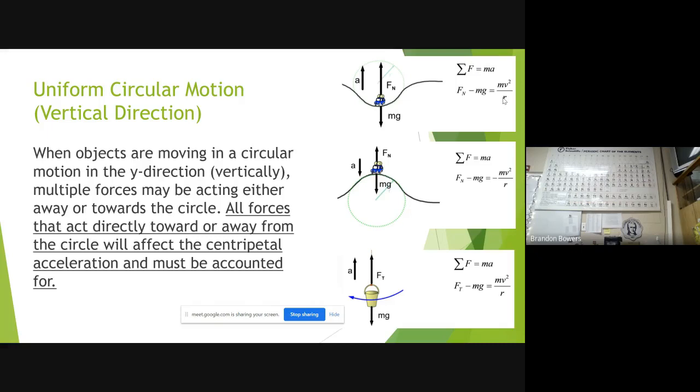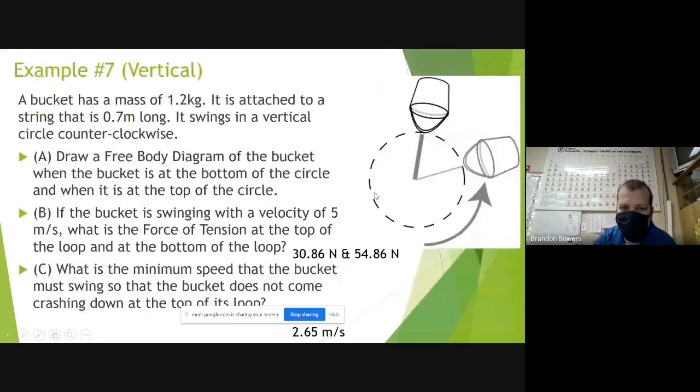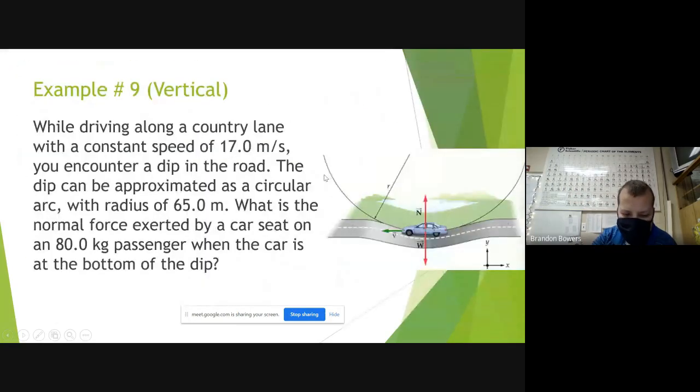Just a review, just so you guys understand, when you're on the top, acceleration is negative. I have one more vertical example I want to go through, and then we'll get into angles.